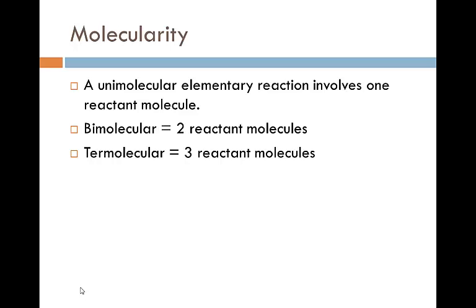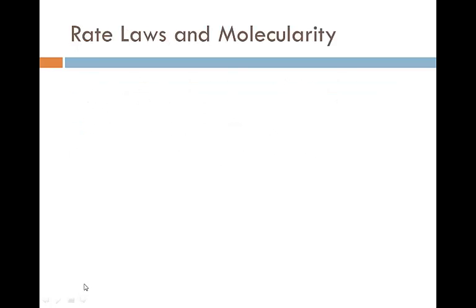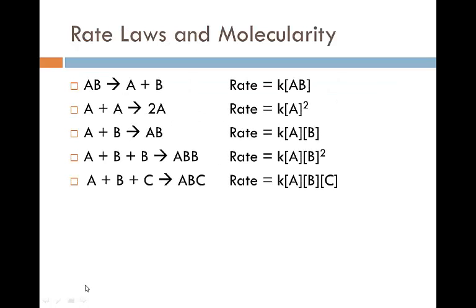So if we see just one substance or one reactant, we would call that elementary step a unimolecular elementary step. If we have two reactants in an elementary step, we get a bimolecular step. And then finally, termolecular represents a three reactant elementary step. So a very useful tool with these elementary steps.